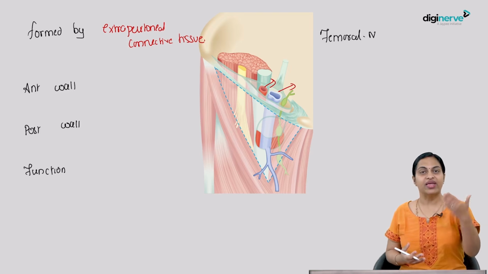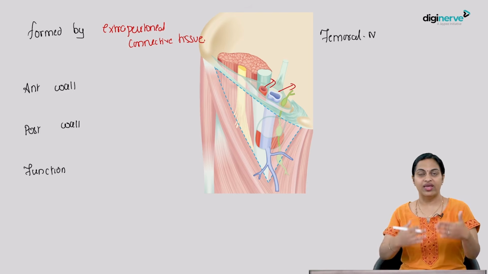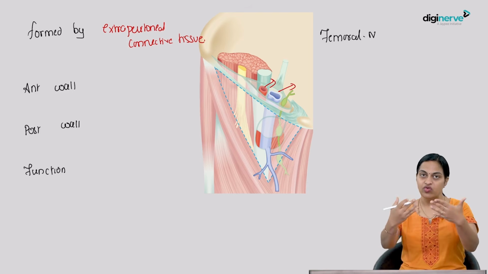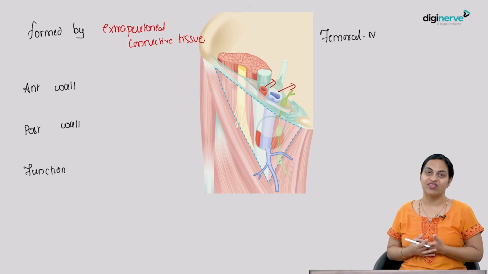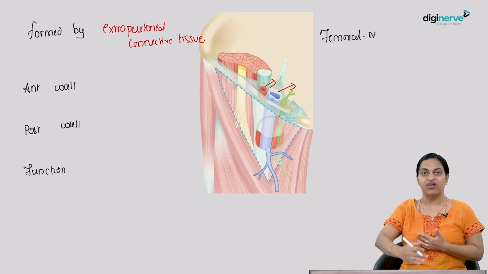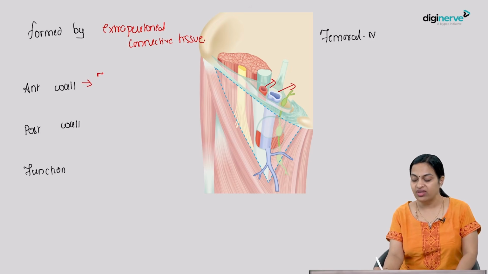So these vessels lie in the extraperitoneal connective tissue and come with it. The anterior wall of the femoral sheath, the layer which lies just superficial to the extraperitoneal connective tissue, is the fascia transversalis. It continues to cover the vessels into the upper part of the thigh, forming the anterior wall of the femoral sheath.